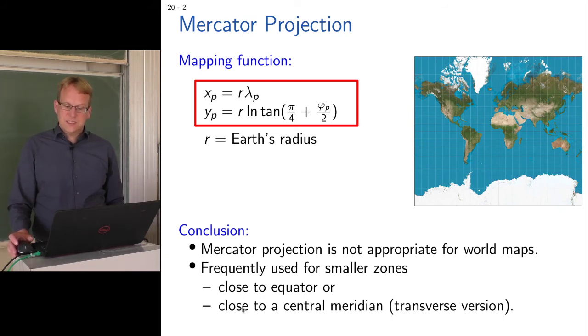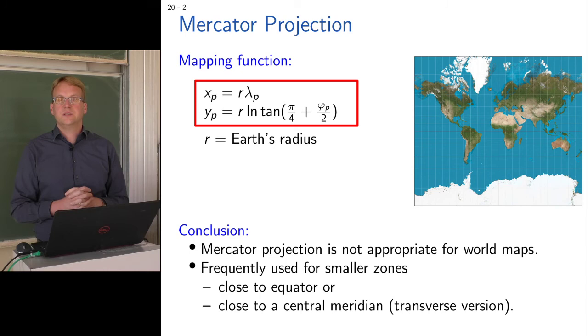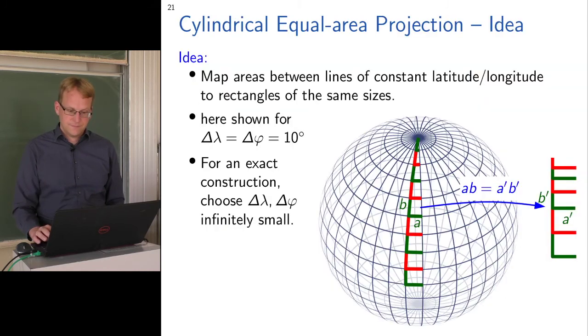And in the transverse version of the Mercator projection it's most important, because you choose the central meridian close to your area of interest, and then you apply the corresponding transverse Mercator projection there, where you have only small distortion close to that central meridian.